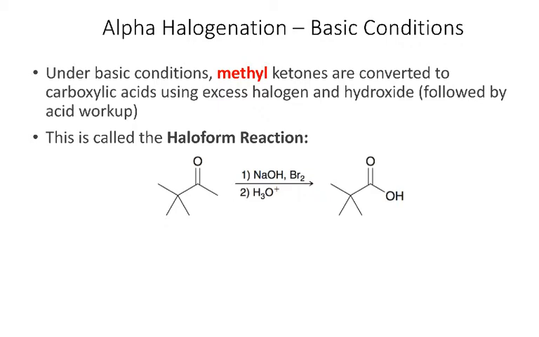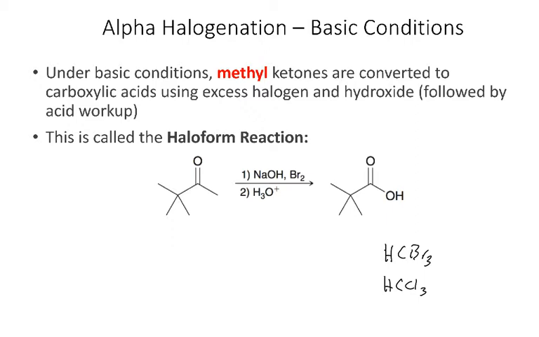And this is called a haloform reaction, because as we'll see in a second, the byproduct of this reaction is either going to be chloroform or bromoform or iodoform, which is, right, bromoform would be that, chloroform would be that.